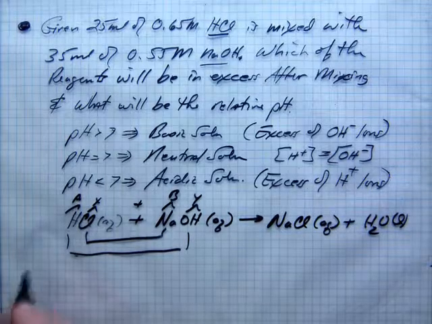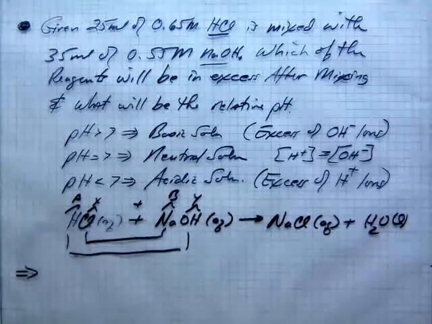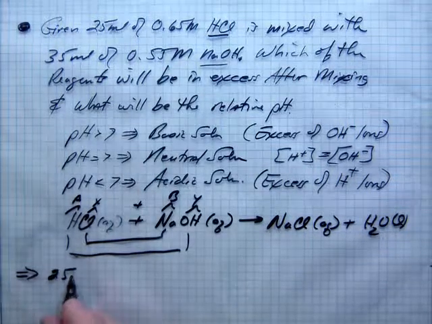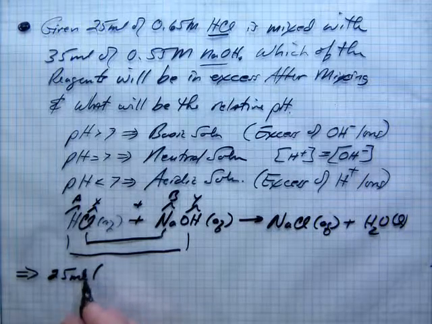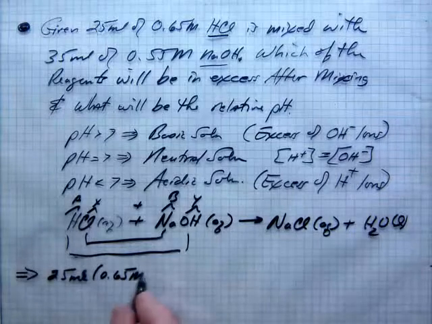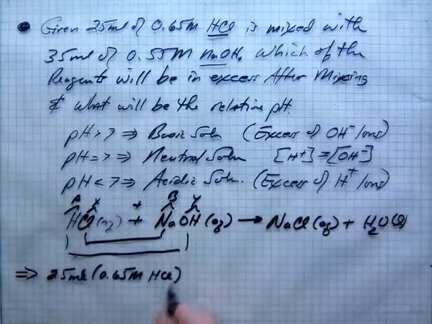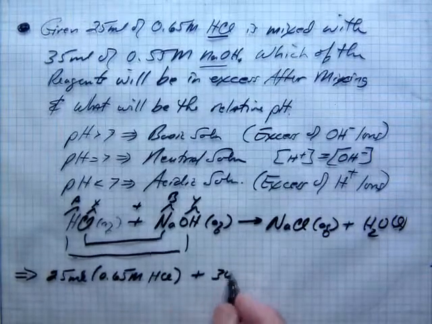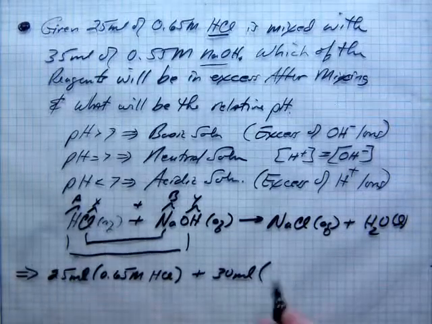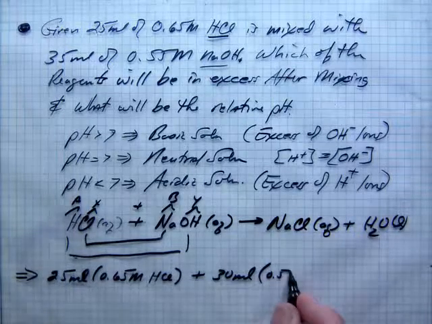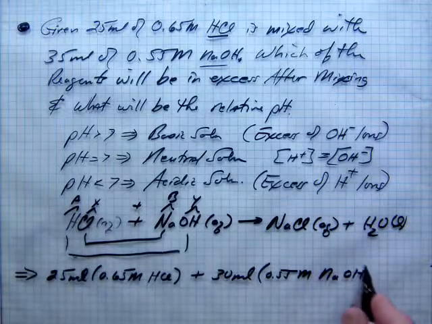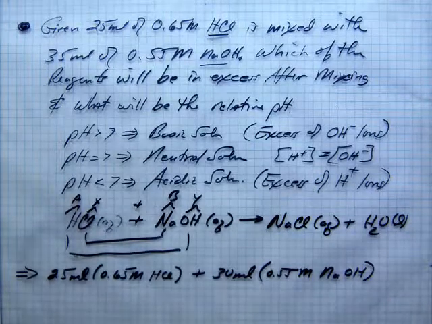So again, I put a little bar out here, and essentially what we have is 25 milliliters, and then I put the solution concentration of 0.65 molar HCl plus 35 milliliters of 0.55 molar NaOH. Now it's spread out across the entire page.